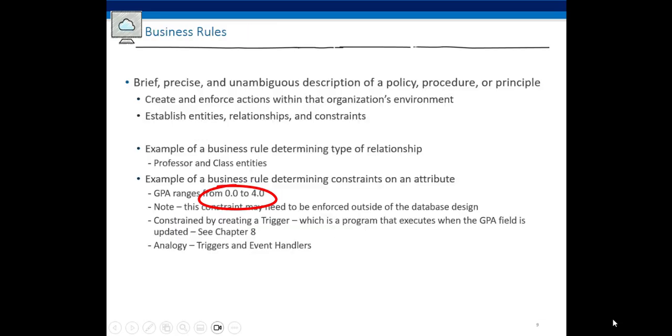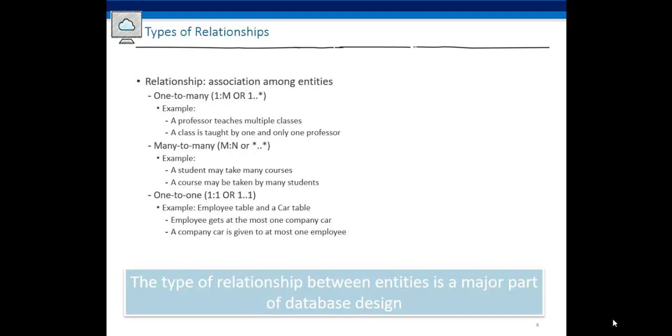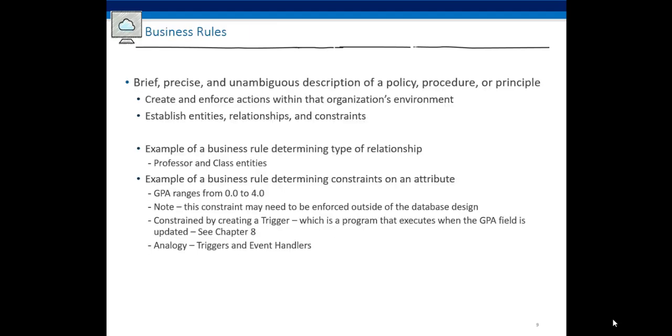Talking about business rules, the type of relationship between entities is a major part of database design. You have to do that. Let's describe business rules. They are very important in deciding one-to-one, one-to-many, and other constraints. A business rule is a brief, precise description of policies that this particular business implementing a database follows.